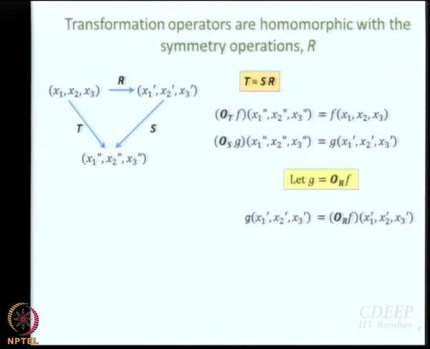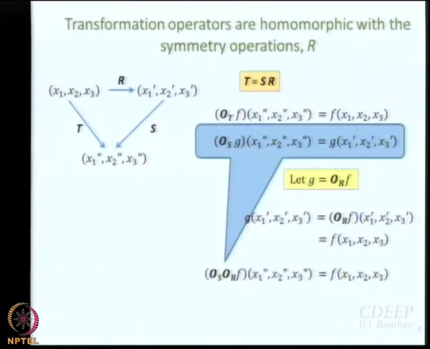G equals ORF, I have just added the bases x1 dashed, x2 dashed, x3 dashed on both the sides, right. Now, ORF in x1 dashed, x2 dashed, x3 dashed is nothing but F in the undashed coordinates. It is very simple jugglery, only one concept.